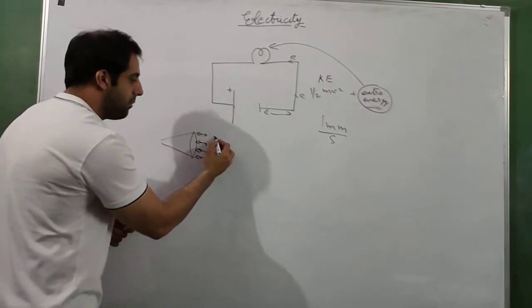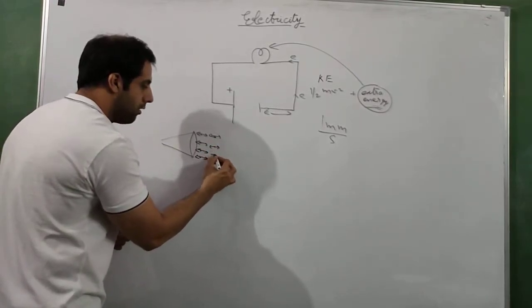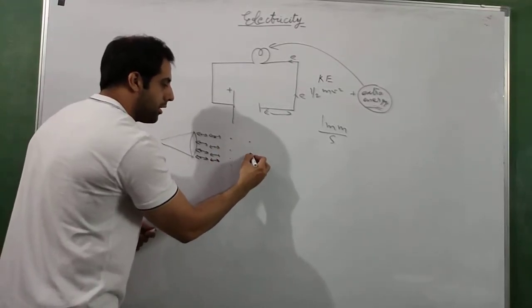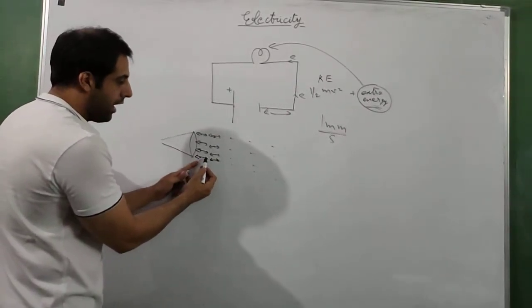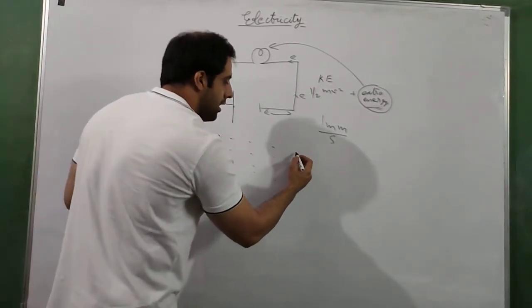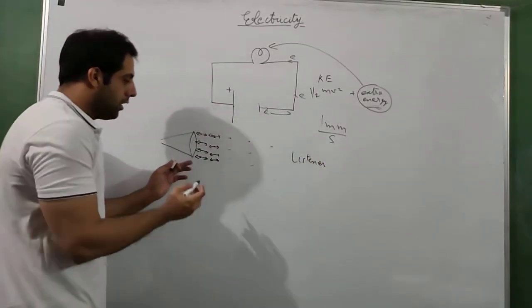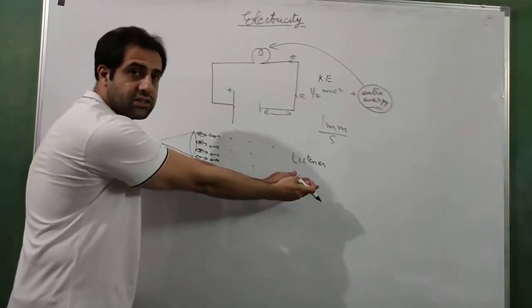This vibration will make the next layer of molecules start vibrating. This will make the next molecules vibrate, and this will go on. So vibration starts from here and continues till it reaches the listener. So these particular molecules are not actually going towards the listener. What are they doing?